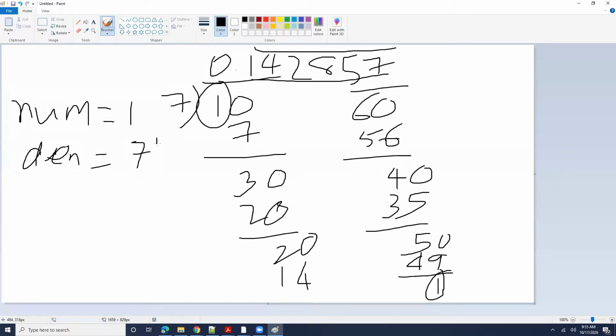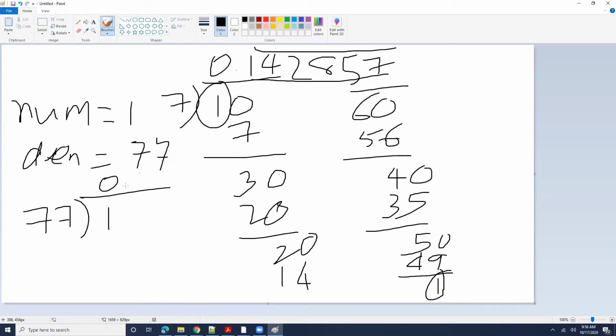Instead of 1 and 7, what if it was 1 and 77? What would you do if I had to find the reciprocal of 77 instead of 7? So do you put only 1 0 on the top now? You multiply by 10 again in the loop, right?